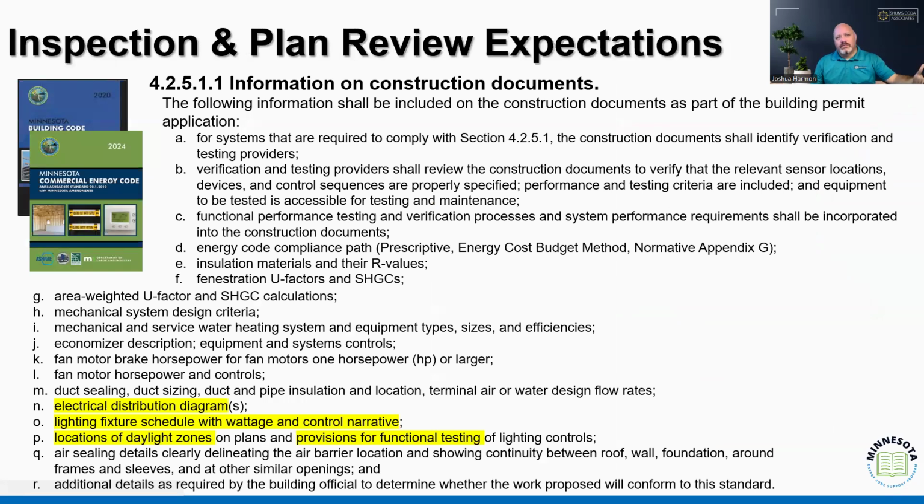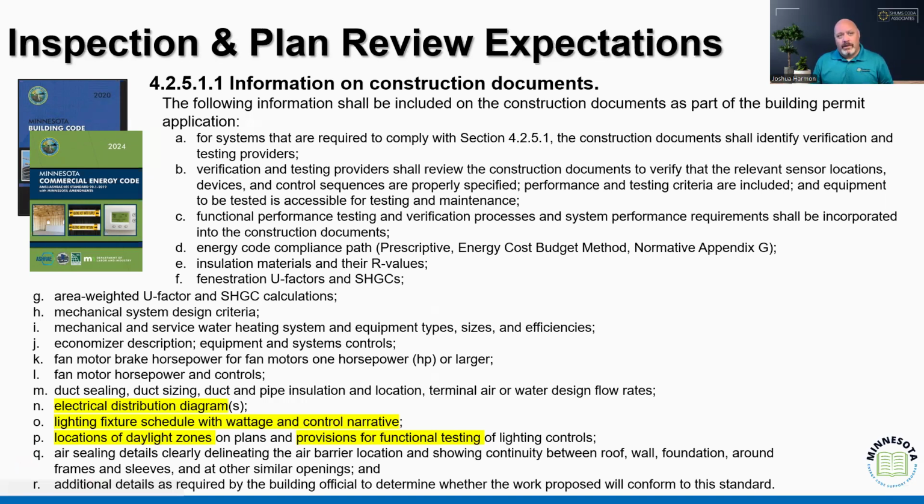Not only is it a question of where it is and what we're looking at as far as occupied or conditioned spaces, but also what the code expects us to provide in our submittals. In that submittal is the electrical diagram, lighting schedule, daylighting zones, and functional testing expectations. All of that is supposed to be provided at the beginning of the process so that we can do our due diligence in plan review to verify that these things exist.